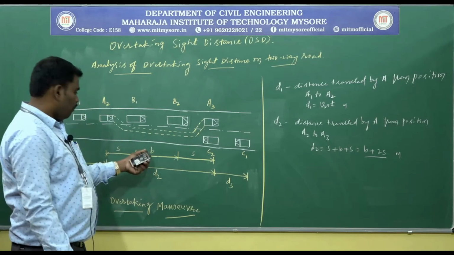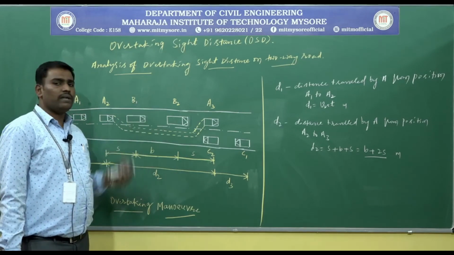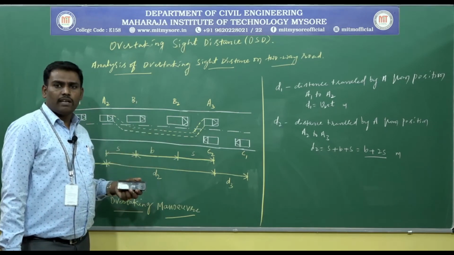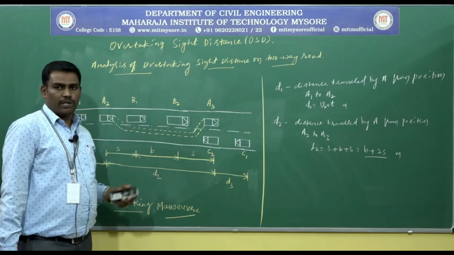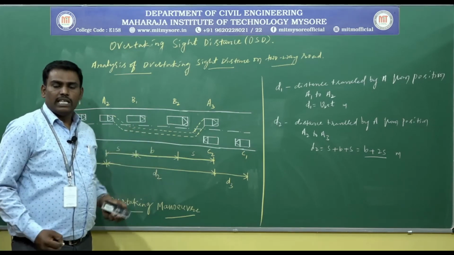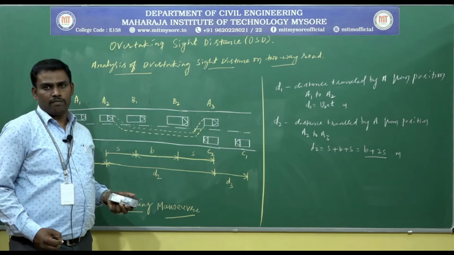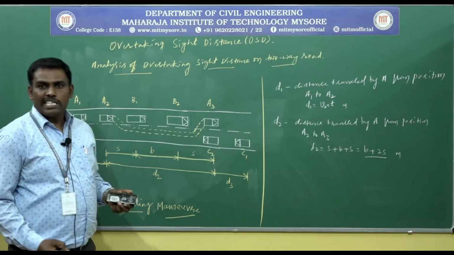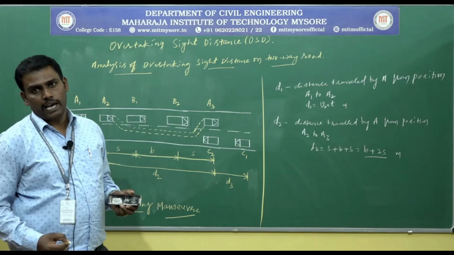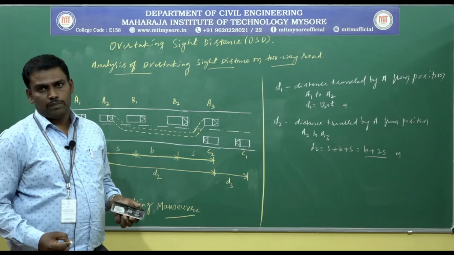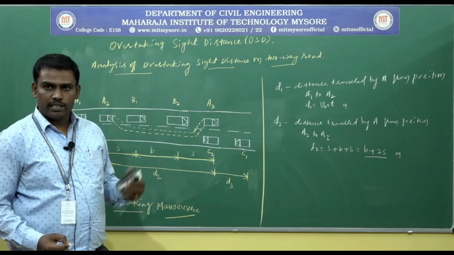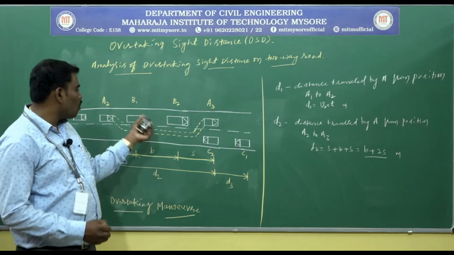And we know that B is the distance travelled by the slow moving vehicle from position B1 to B2. Distance travelled by any vehicle is the product of speed and time. What is the speed of the slow moving vehicle?